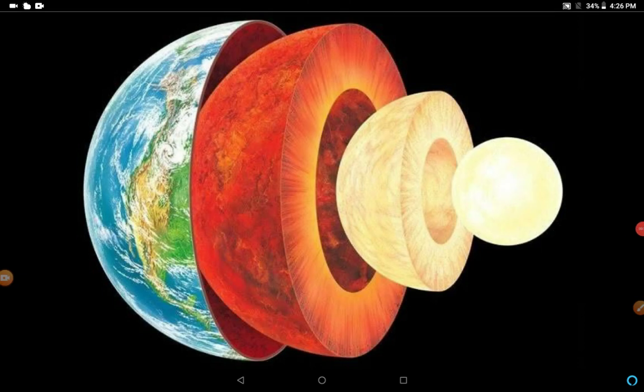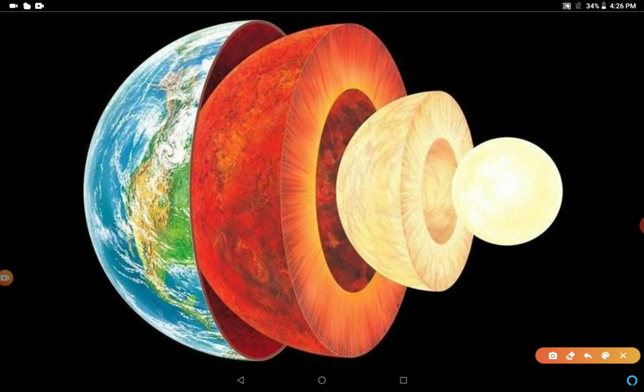Look at this diagram. We'll try to understand the interior of the earth with the help of this diagram, right? In this diagram you are looking at different pieces of the interior of the earth. I'm telling you there are mainly three layers in the interior of the earth.